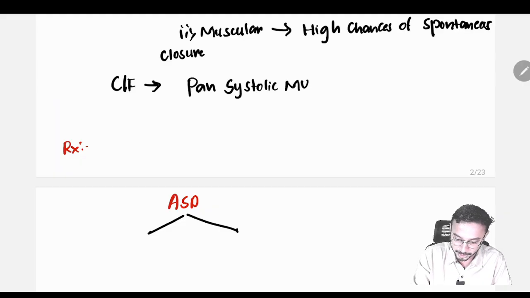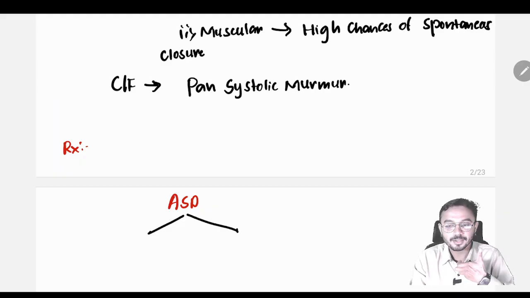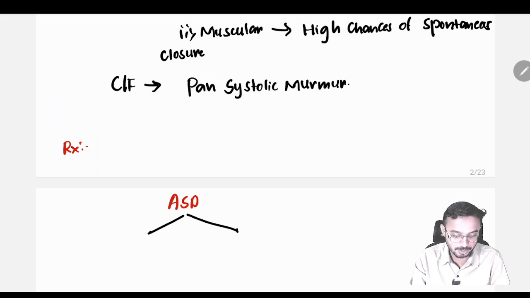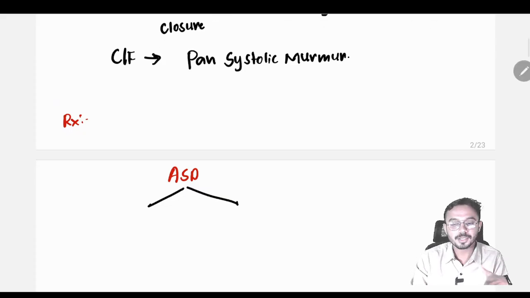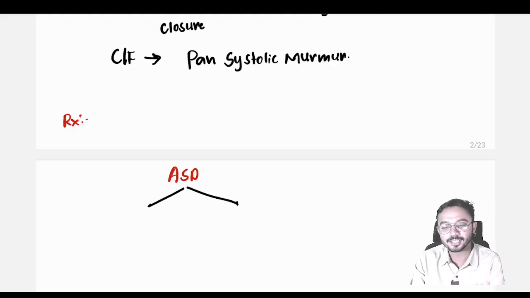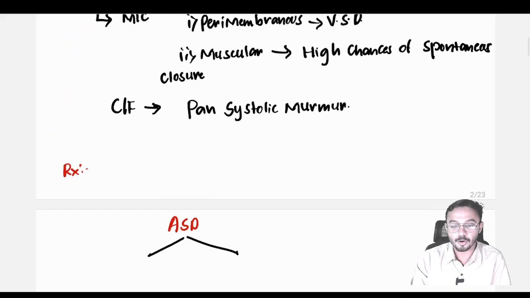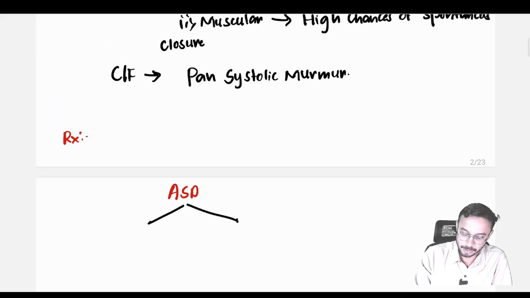Very, very important: pansystolic murmur is present in ventricular septal defect. Pan means throughout systole; the murmur is heard throughout systole. How do you treat the condition? Through surgery.